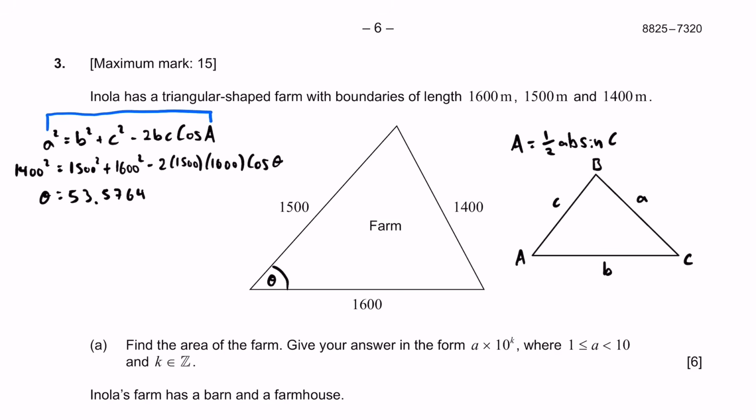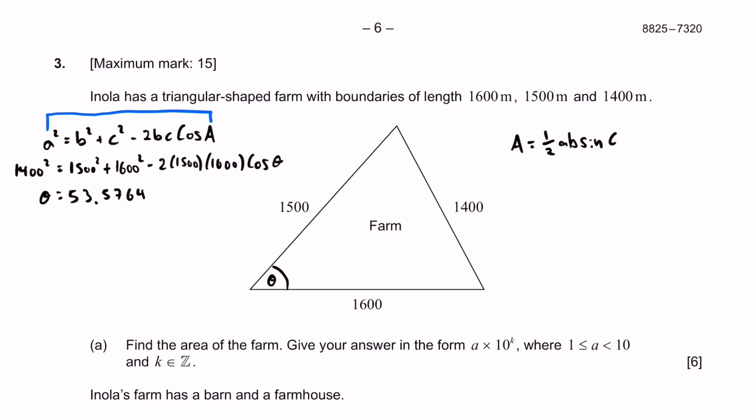What is half ab sine C referring to? It refers to two side lengths. In this case, we could write a and b, and then an included angle. So the angle in between. So we say the two legs of the triangle, and then we need the angle in between. And when we have that combination, then we can solve for the area.